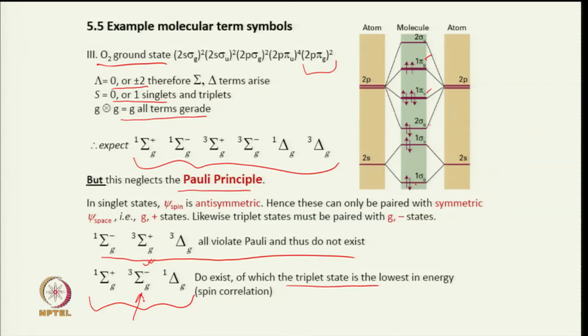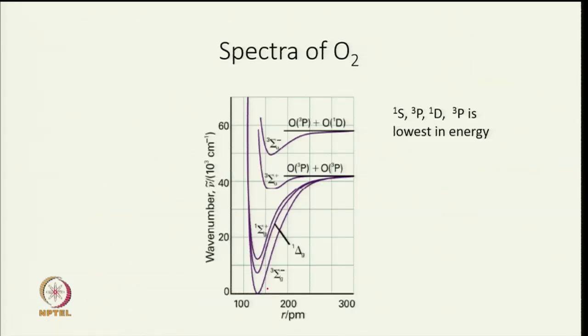This one is the ground state, and that is what is shown. So, 3 sigma minus g is the ground state, and out of this, since lambda is greater here, this will be lower in energy in comparison to 1 sigma g plus.